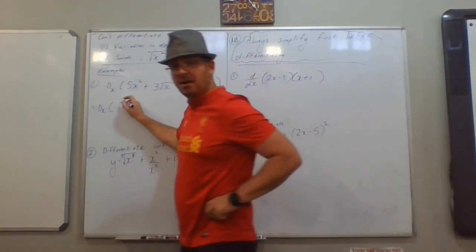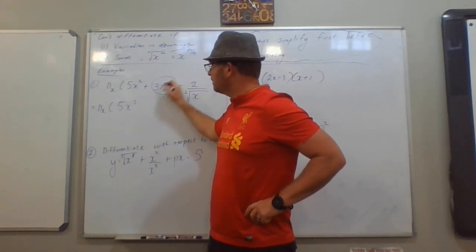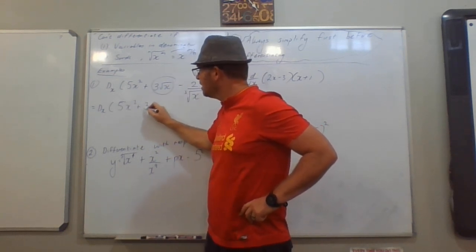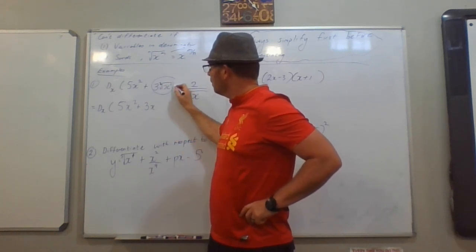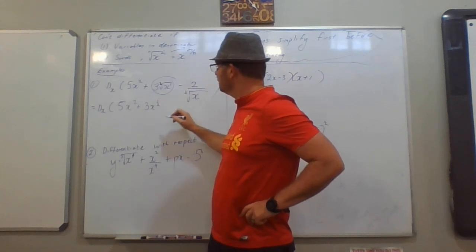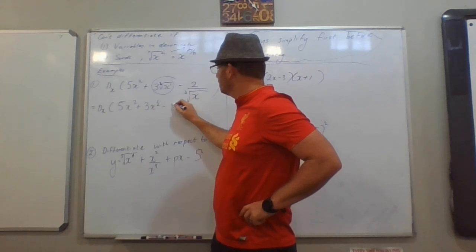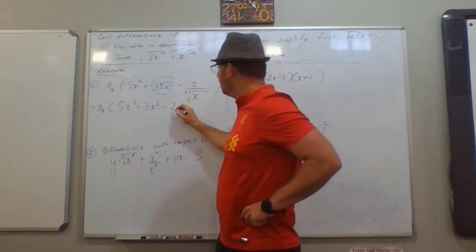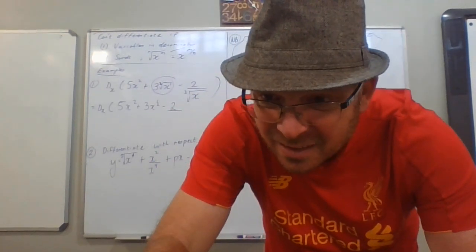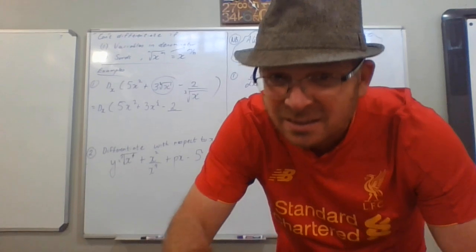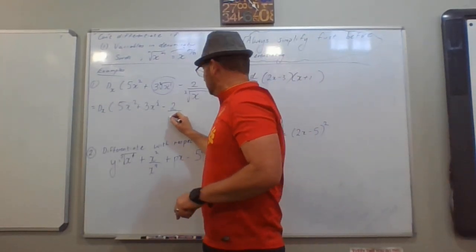So I'm going to keep 5x squared, 3 root x. Well, the 3 doesn't get affected, but root x is going to be x to the 1 over 2. And then over here, I'm going to have minus 2 over x to the third, sorry about that.